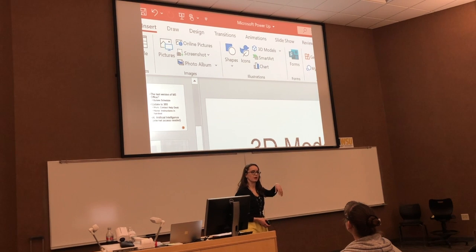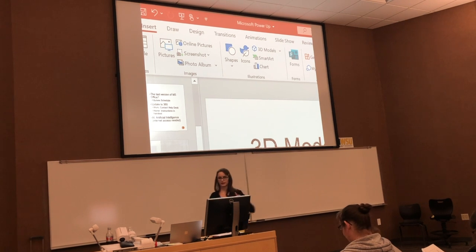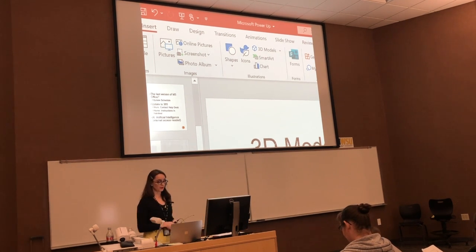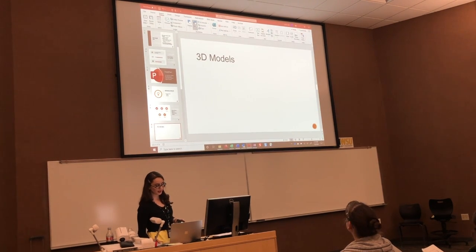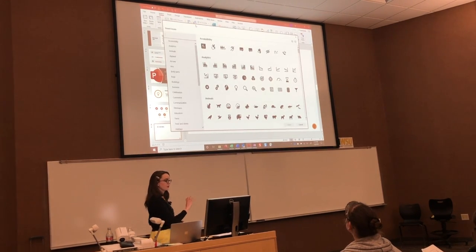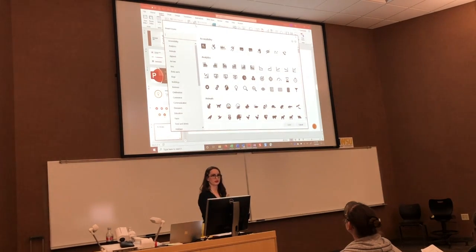We talked about pictures, online pictures. You're used to shapes. But icons and 3D models are the new items. You've already interacted with icons just a second ago when we created that cool design. But if you proactively wanted to get to these, you could click on Icons and get right to that screen. You don't have to go through Design Ideas. This works just as well.